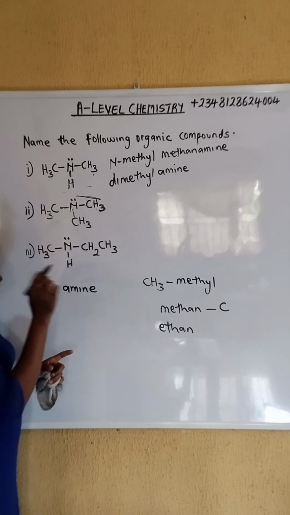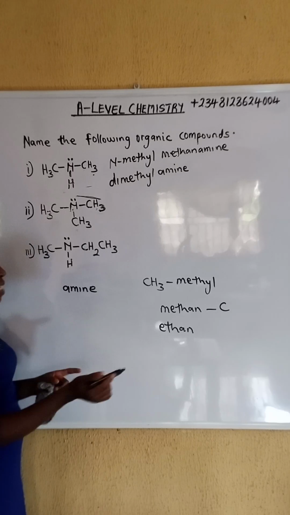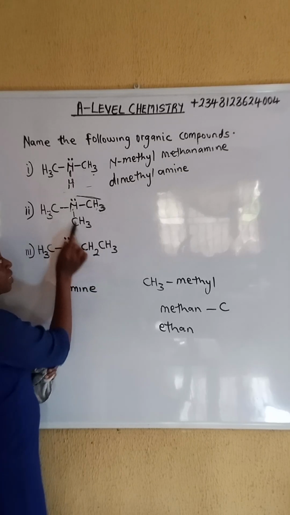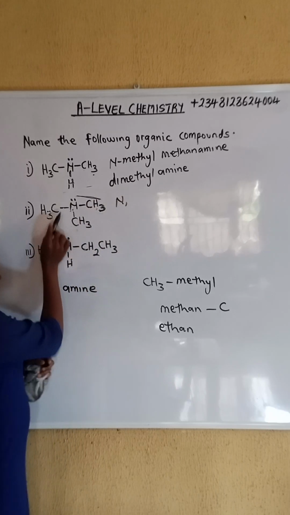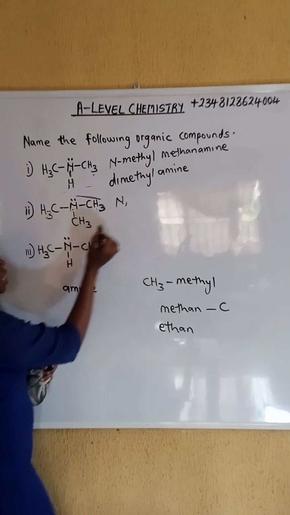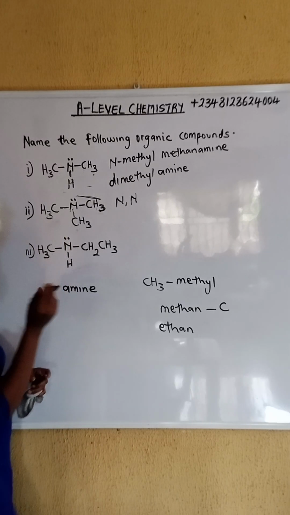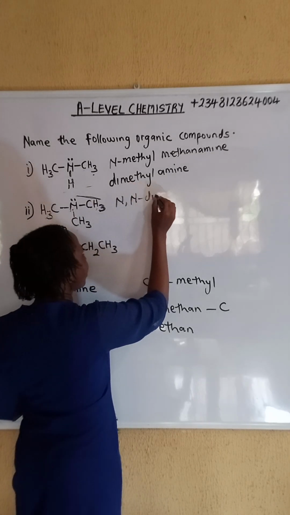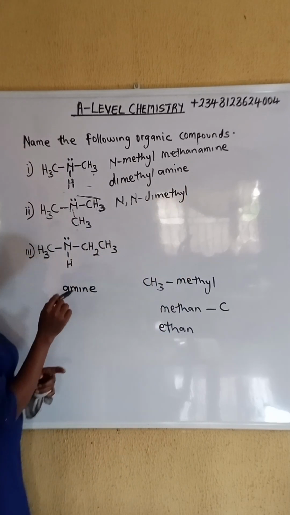So you have two substituents, the same substituent, that is methyl. The first methyl is attached to nitrogen, so that will be N, then the second methyl attached to nitrogen is also N. Then how many methyls together? That is two. You call it dimethyl. Then dimethyl what?